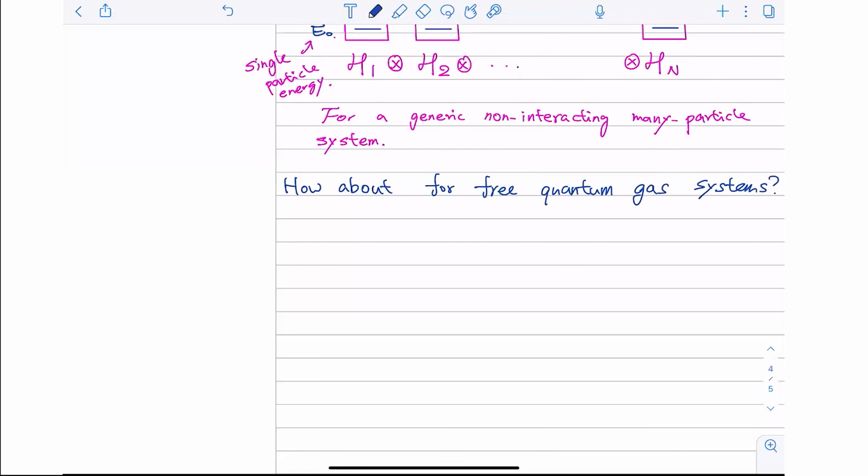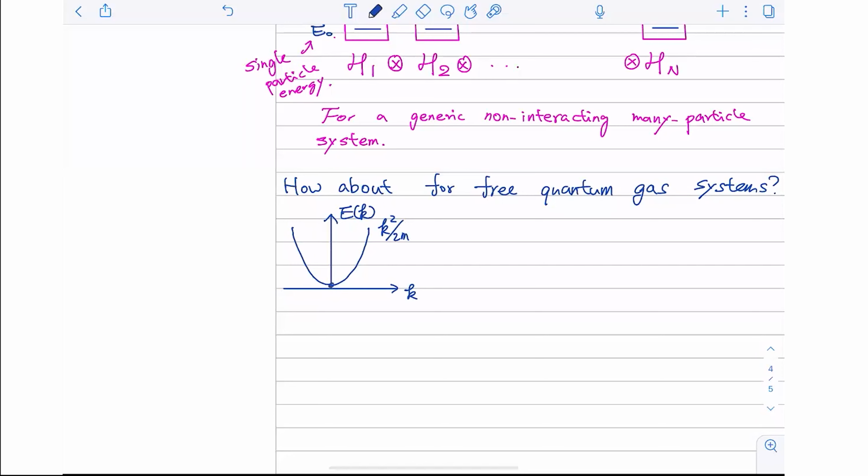Okay. So we know the single particle spectrum for the free particle is like this. Basically, this curve is k squared divided by 2m.